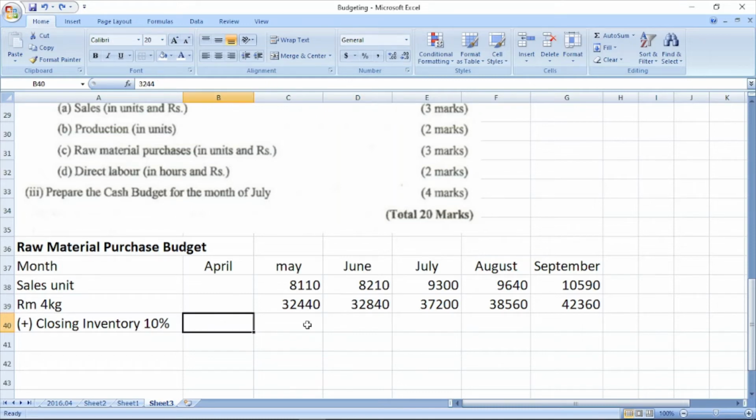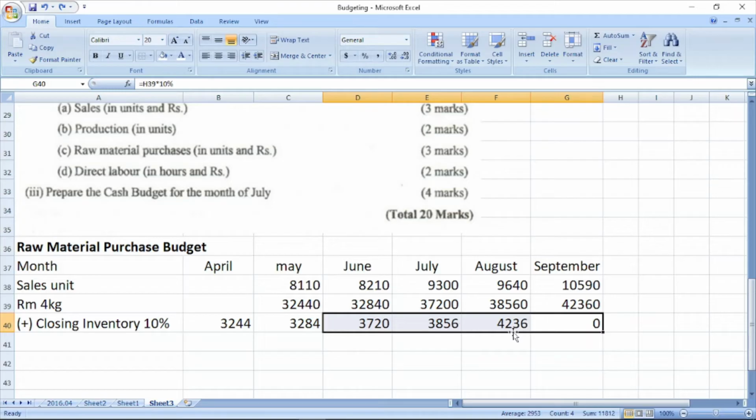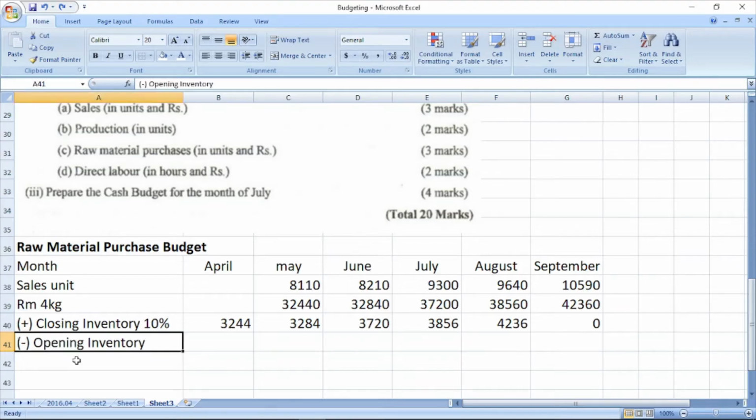In this case April, we need 32,440 raw material, it into 10% it is 3,244. Likewise following month raw material requirement into 10%. Likewise with other months of the closing inventory, and next opening inventory.